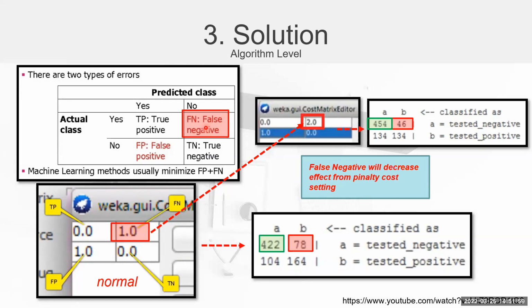If the model wrongly predicts training data, the system gives more penalty cost. Here we can see the effect of this penalty cost setting.